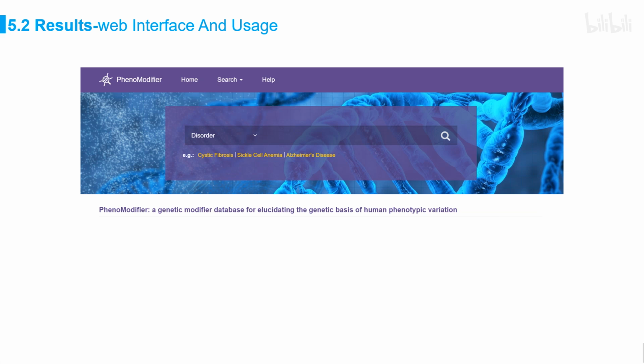You already know what it was based on and what this website is used to show. But the key for you is the interface, how to use it. It's very simple. There are only three parts: home, search, and help. But what's really important for researchers is search.